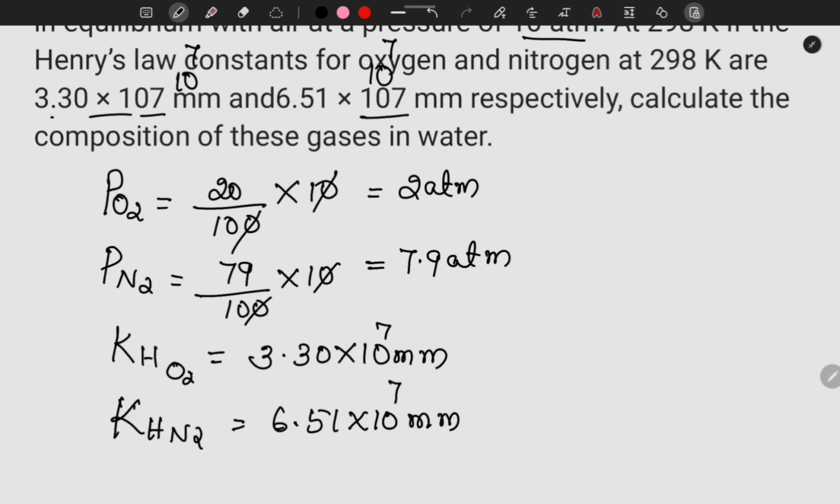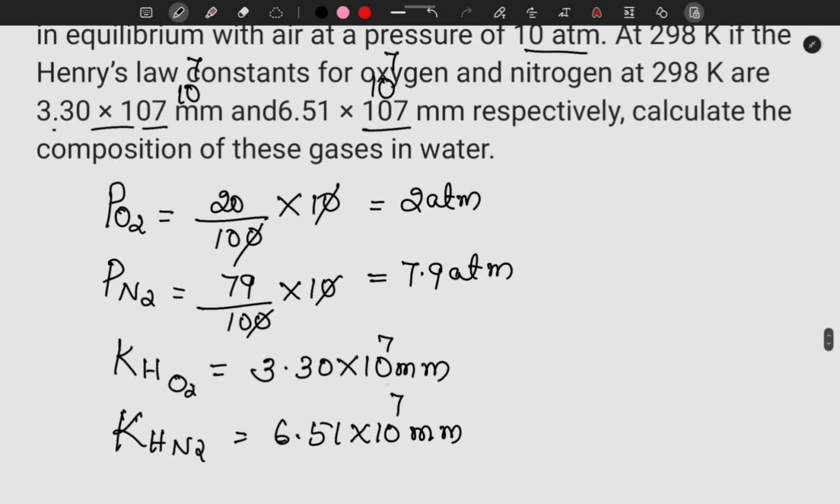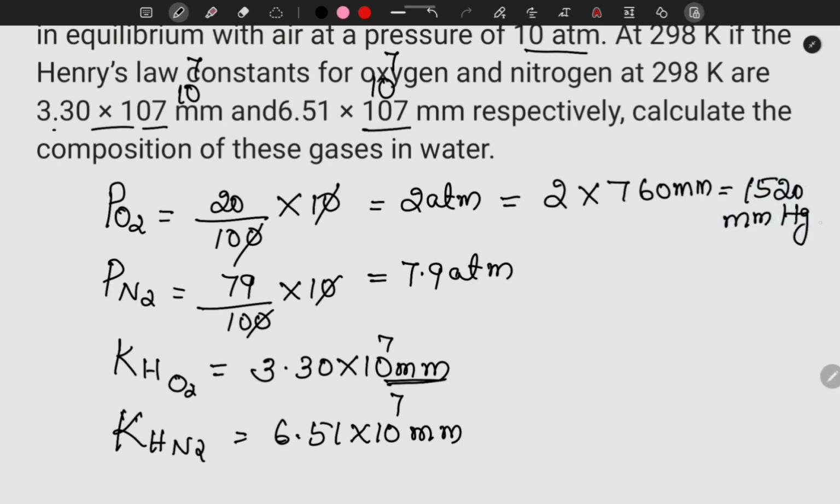So we know as the KH value increases, solubility decreases. Here you see KH values are given in millimeter, so we have to convert atmosphere into millimeter. 1 atmosphere is equal to 760 millimeter. So that will be 1520 millimeter of mercury. Next 7.9 into 760, that is equal to 6004 millimeter mercury.